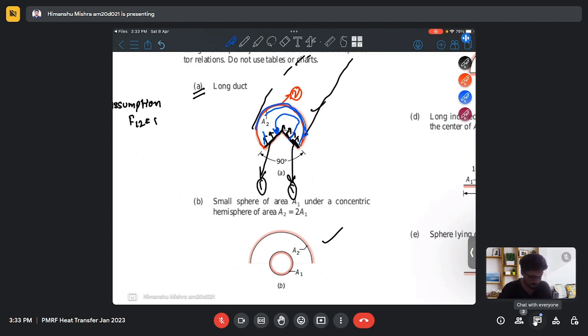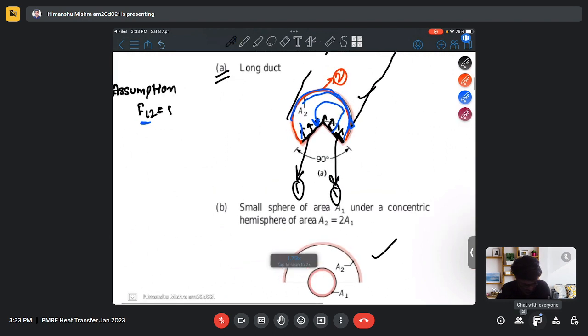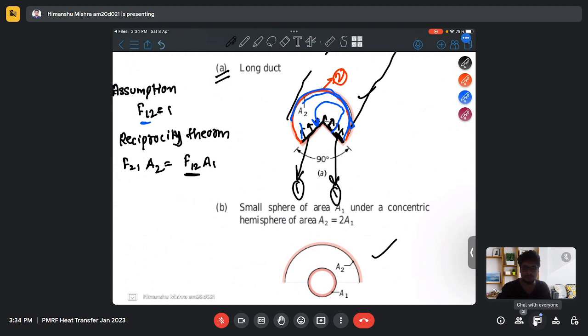That means shape factor F12 equals 1. Now we can use the reciprocity theorem to find the shape factor F21. We already know F12 by inspection, which is 1. So my shape factor F21 will be A1 by A2, where F12 is 1.